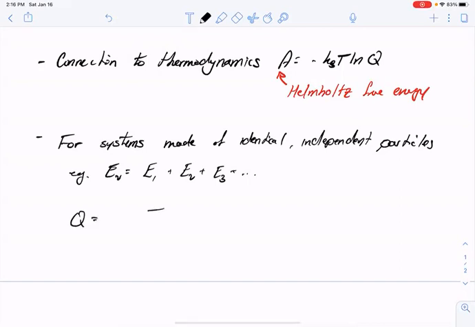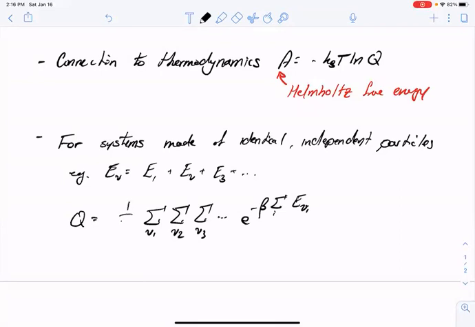So Q can be written as the microstate sum over particle 1, sum over the microstates of particle 2, particle 3, etc. This Boltzmann factor and the sum of the energies of those states, of those individual single particle states. If the particles are identical and indistinguishable, we have a factor of n factorial associated with the permutation symmetry of these indices.